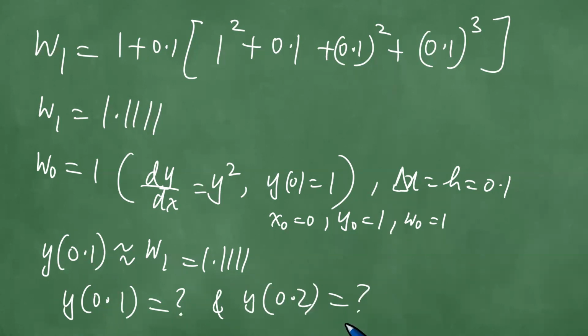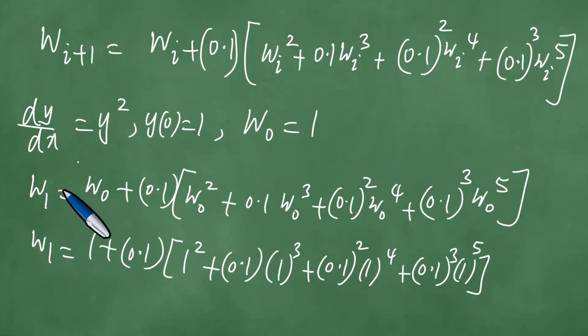Now we found 0.1, and h is 0.1, so the next one you add 0.1 to 0.1 and you get 0.2. So we must do W2 now. To do W2, we need to write the difference equation we got and use it.